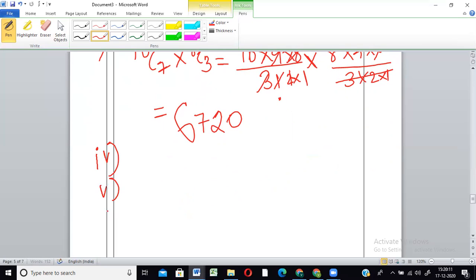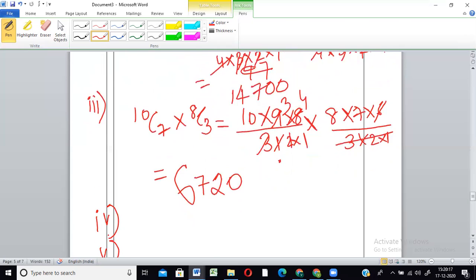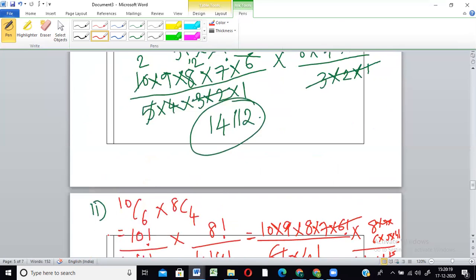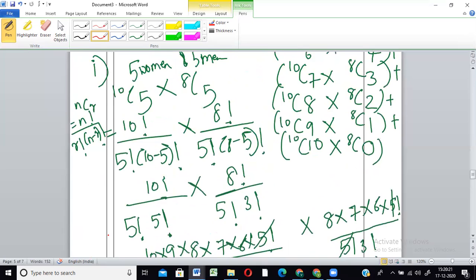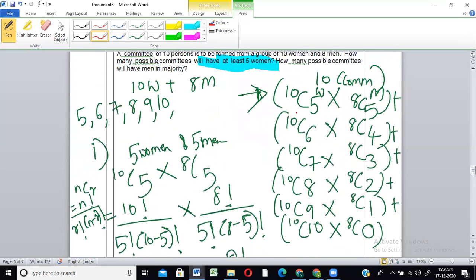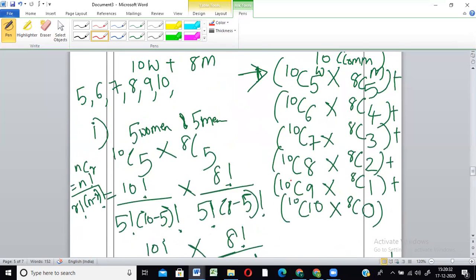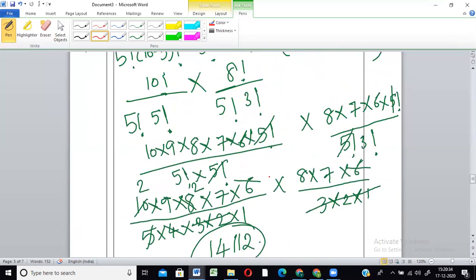So let me quickly write down the values of the remaining ones. Fourth one, that was nothing but 10C8 into 8C2, 10C9 into 8C1, 10C10 into 8C0. So this is nothing but 1. So we will write for the remaining ones.